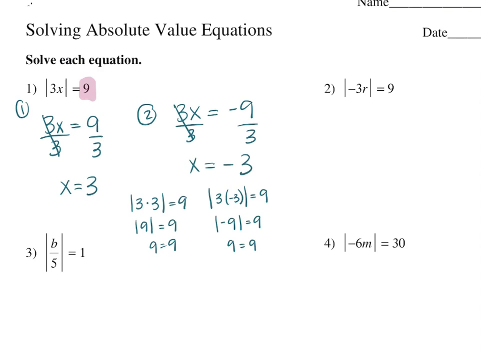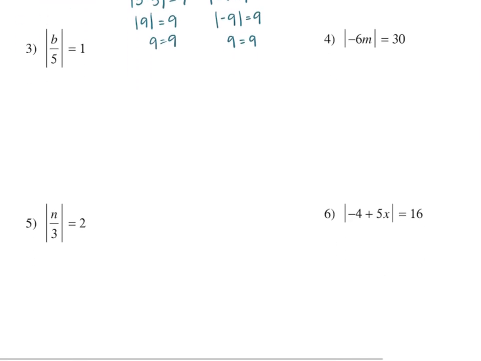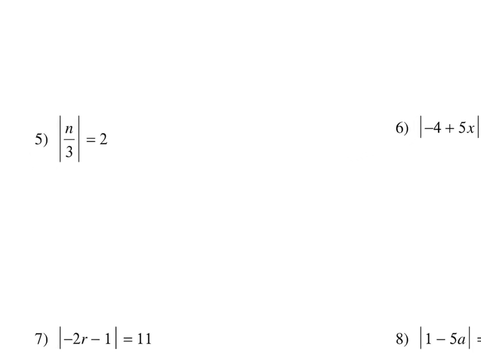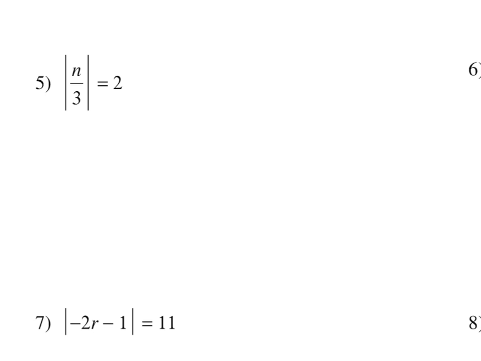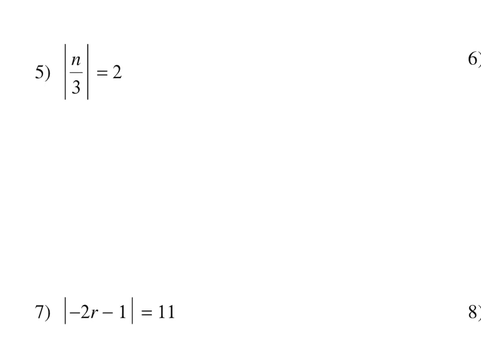Okay, so let's look at number 5. Number 5 says the absolute value of n over 3 is equal to 2. So we're going to set this up 2 ways. n over 3 is equal to 2. And the second way, n over 3 is equal to negative 2. Okay, so we're going to solve them the same way.